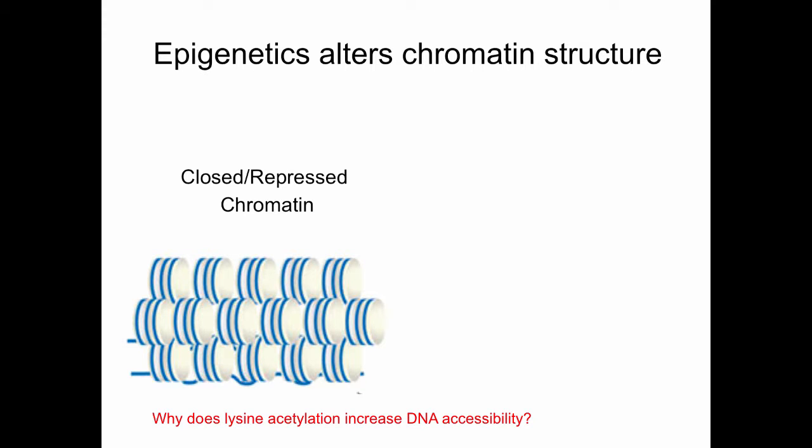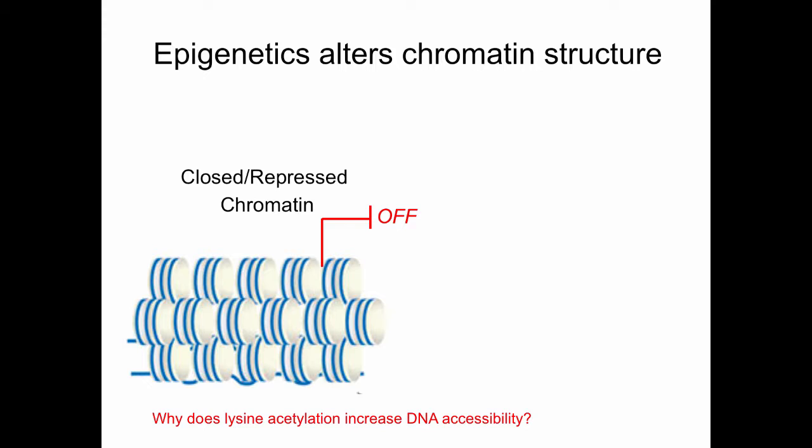So just an example, again, of how epigenetics can alter chromatin structure. Remember that chromatin is very, very condensed, and it has a very repressive structure. So the DNA is very inaccessible if it's lacking histone modification.